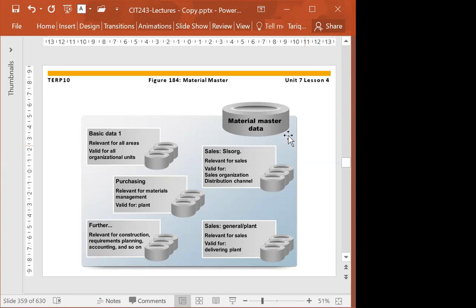From the sales point of view, we enter the basic data, and then we enter the sales organization and the plant. These are the three pieces of information that we must enter if we want to use this material for sales.